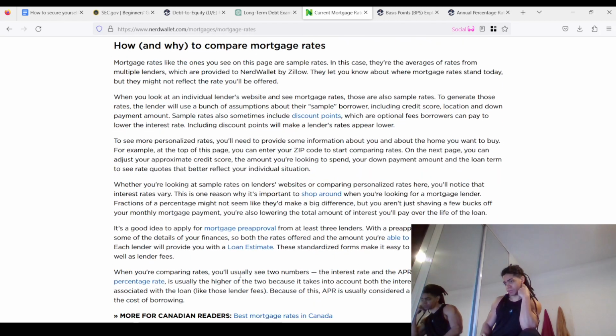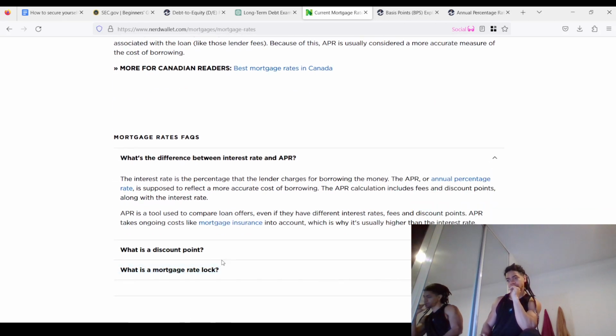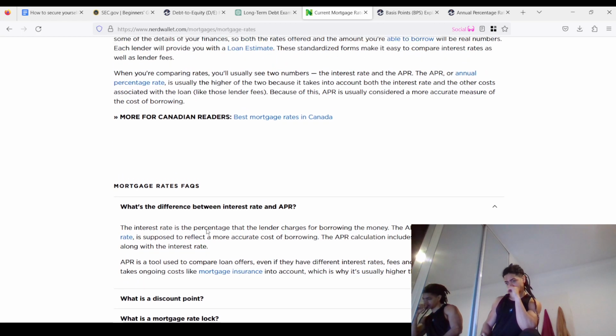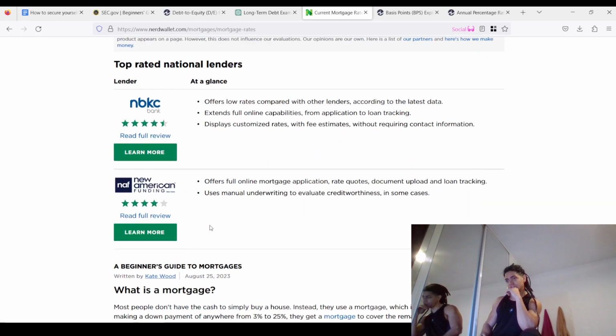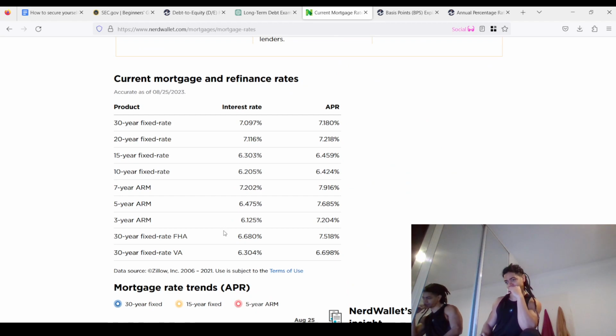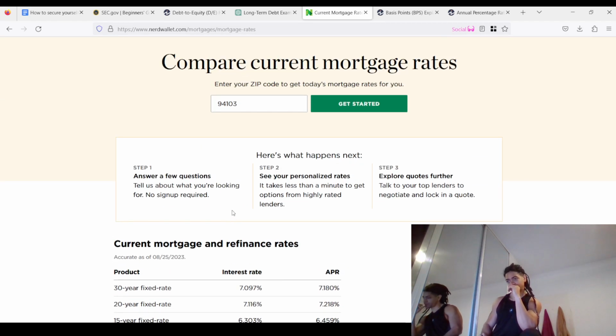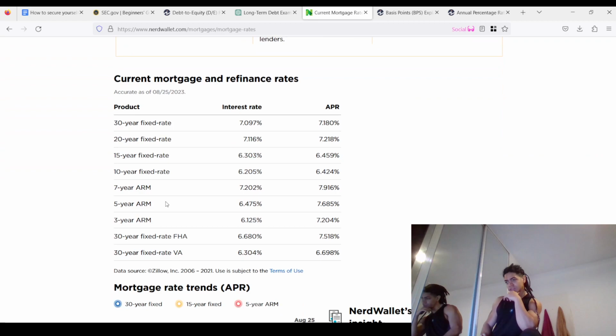How and why to compare mortgage rates? But again, how can you calculate this? Current mortgage and refinance rates. Holy shit.